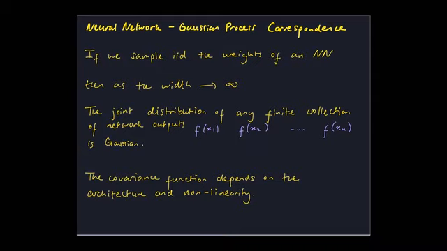So what is the formal claim of the correspondence? It's something like this: if we take a neural network and we randomly sample its weights, then so long as the network is very, very, very wide, for any finite collection of inputs, the distribution of outputs is actually a multivariate Gaussian.